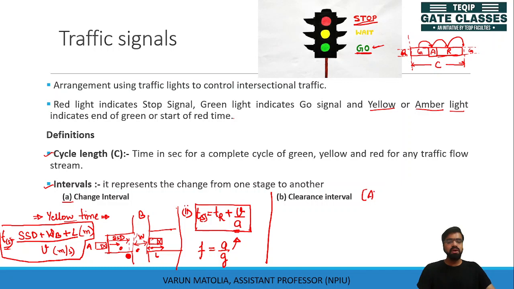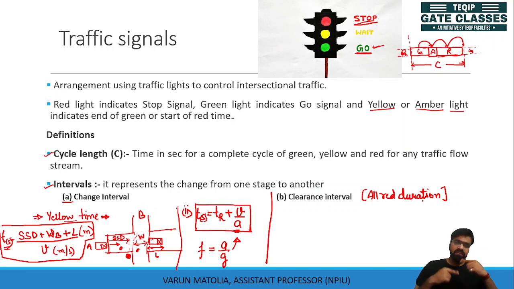This is all red duration. All red means all the signals will be red. This duration is provided in order to clear off the intersection if there is any vehicle present after the green cycle of one direction.